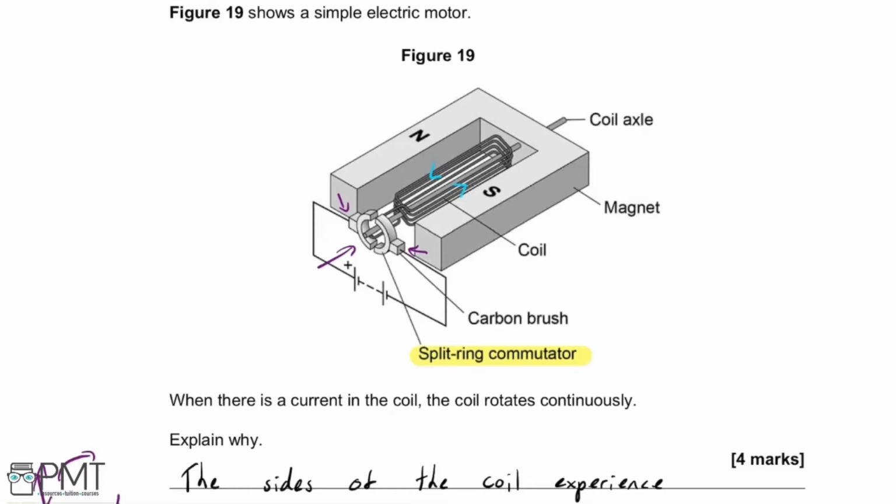Before, this side was up and therefore it would now be down, and this side would be up, which means it would be rotating in the other direction, and we don't want that. The reason we have a split ring commutator is that the current is reversed every half rotation. That's important because it means that the forces will continue to go in the same direction and the coil will continue to rotate in the same direction. And so that's why I wrote that last bit.